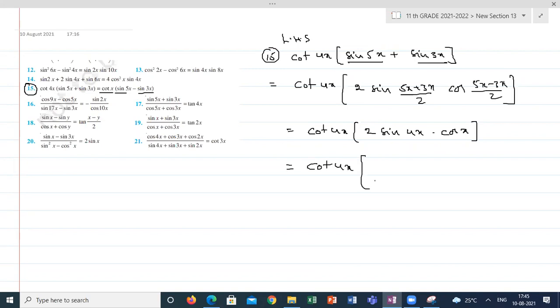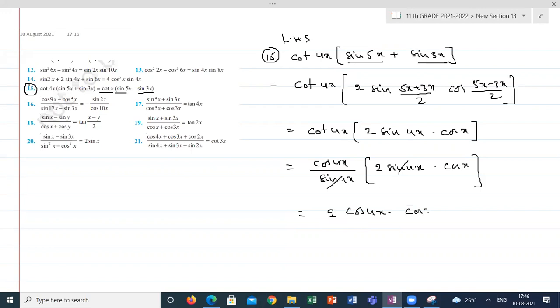Cot 4x can be written as cos 4x divided by sin 4x, into 2 sin 4x cos x. Sin 4x and sin 4x cancel. Finally, what remains is 2 cos 4x into cos x.